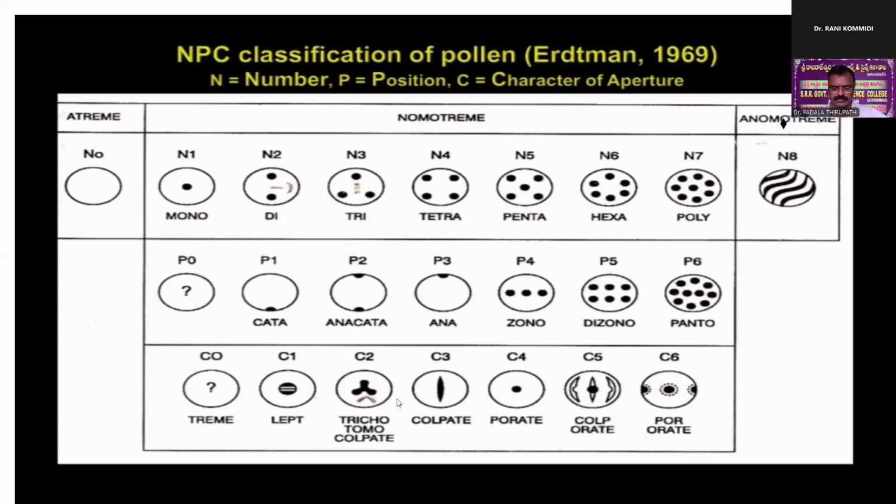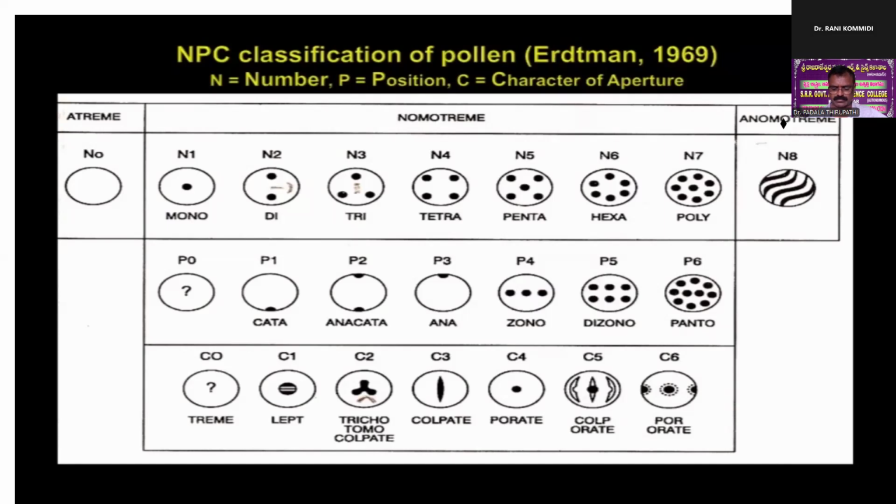These all are the different characteristics of the NPC system. N means number, P means position, C means character of aperture. These all are based on the NPC classification. Each pollen type is designated by using a 3-digit number.